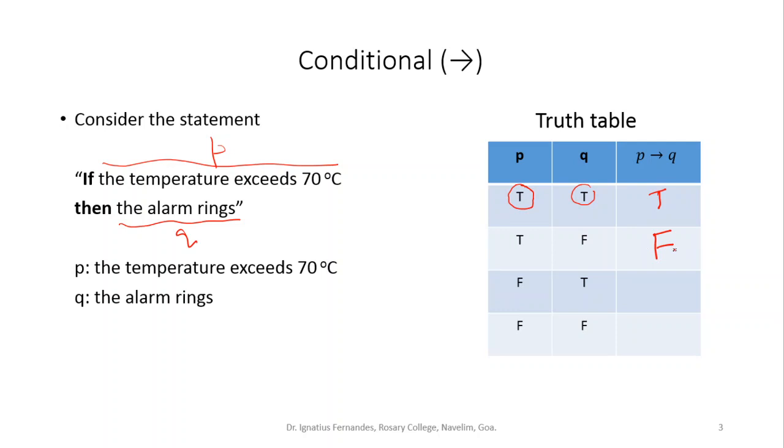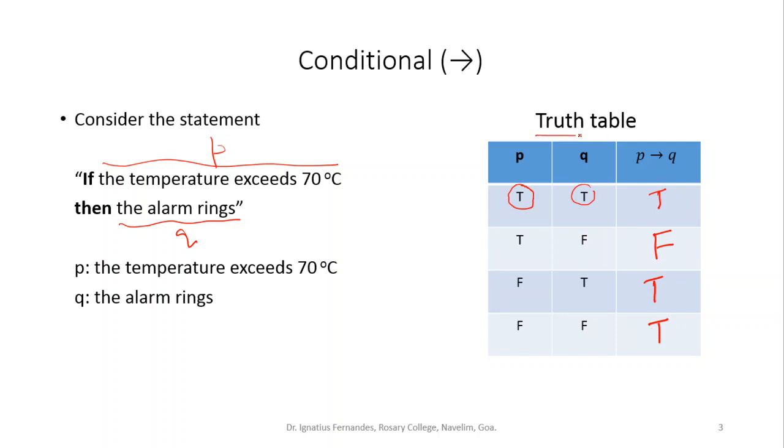Again, going back to what we said earlier, this statement only talks about when the temperature exceeds 70 degrees Celsius, the alarm rings. So if the temperature does not exceed 70 degrees Celsius, whatever happens to Q, you will say that I am always true, because my statement was whenever the temperature exceeds 70 degrees Celsius, then the alarm rings. If the temperature does not exceed 70 degrees Celsius, whatever happens to Q, I will always be true.